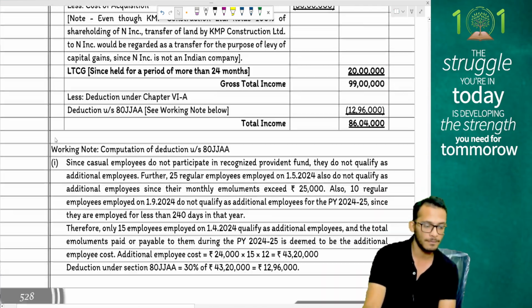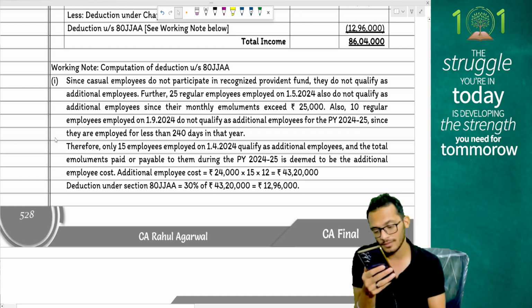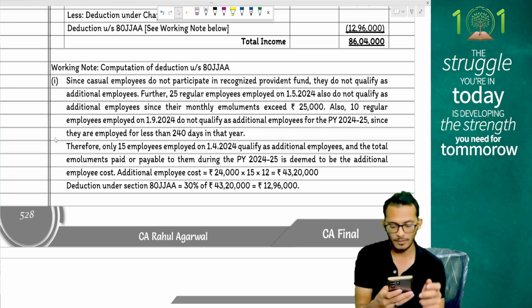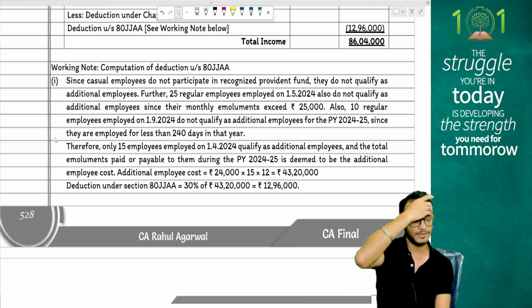Get the total income. People, my total income is 86 lakh 4,000.